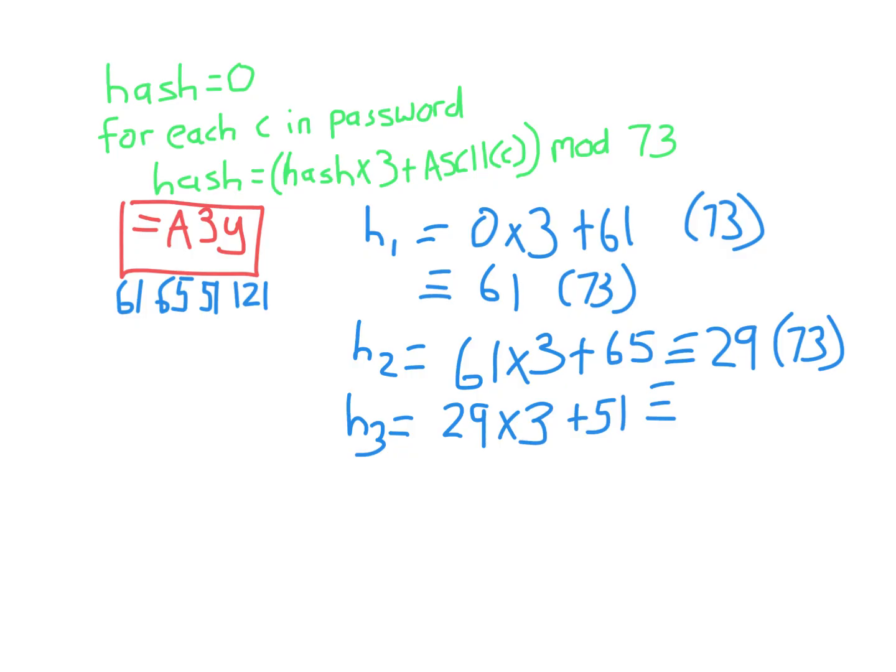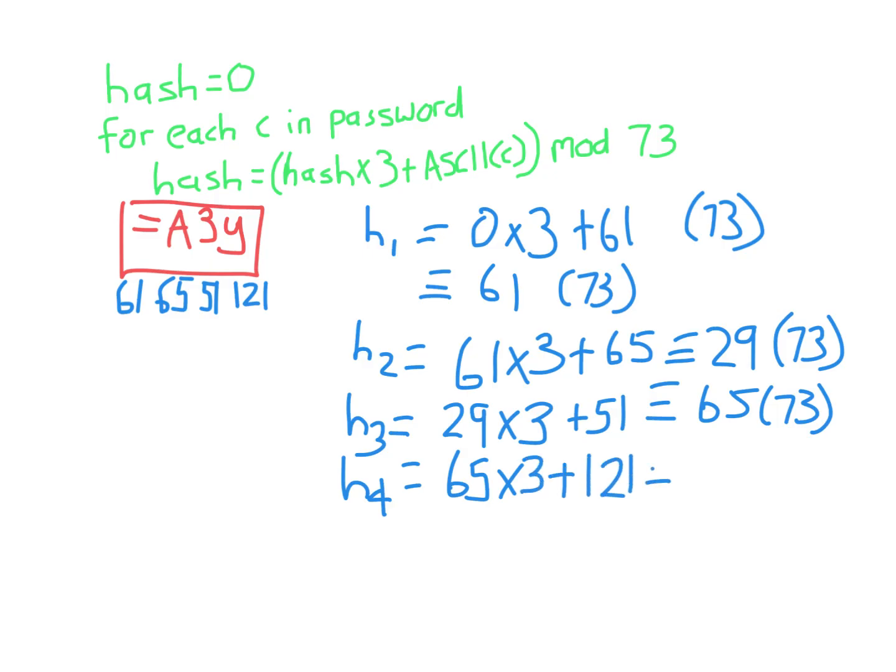And that gives us 65 mod 73. All right, now we're going to hash the final character, which is the Y. So it's always the previous hash value multiplied by 3 plus the ASCII value of the character we're up to. And we get there 24 mod 73. So that's our final hash value, 24.